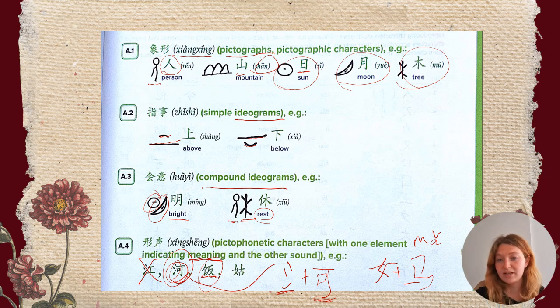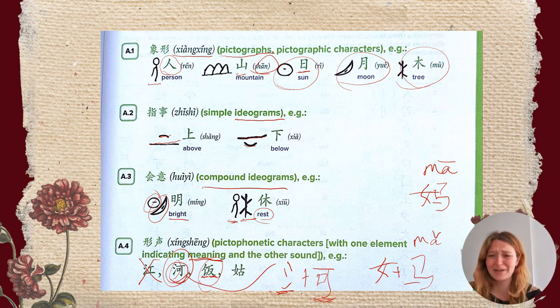So when you put them together, you end up with mama, right? And I've kind of overlapped these characters. That's not good. Don't do that. But for a stylus on a computer, I think it's all right. So this gives us the pronunciation ma, and this tells us that it's something to do with woman, and put the characters together and it means mom.